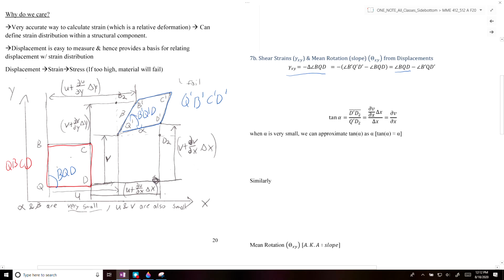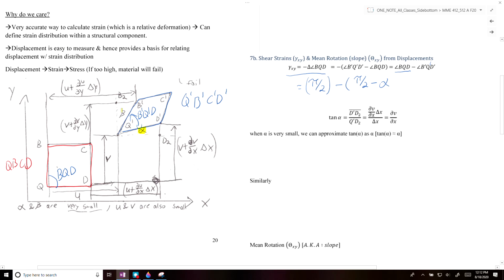So angle BQD is just going to be equal to pi over 2 radians. And then the angle B prime, Q prime, D prime is going to be equal to pi over 2 minus the angle alpha, which I'll highlight.